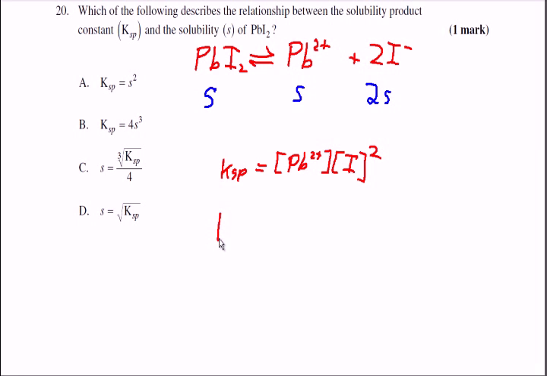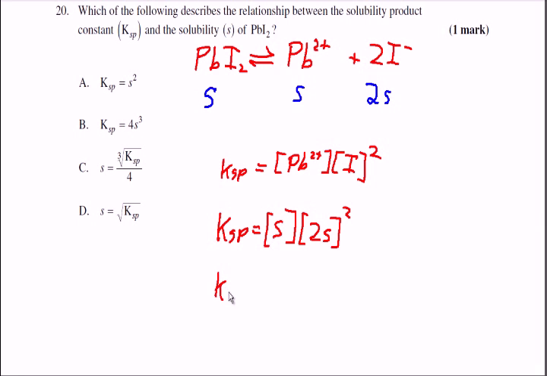So again, Ksp equals, now Pb is represented by S, and I's value is 2S. And we have to square that. Okay?